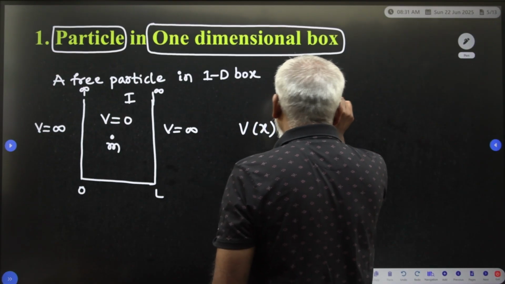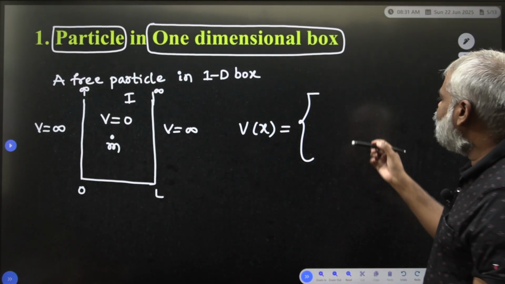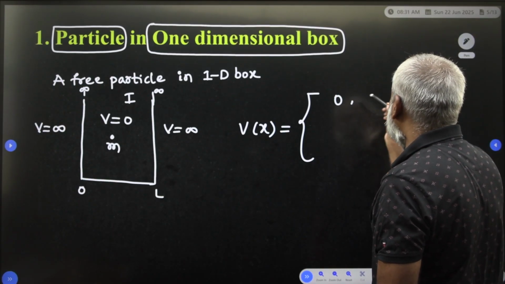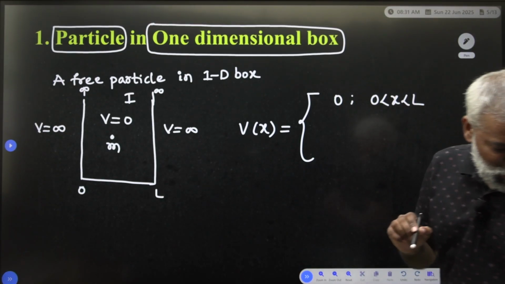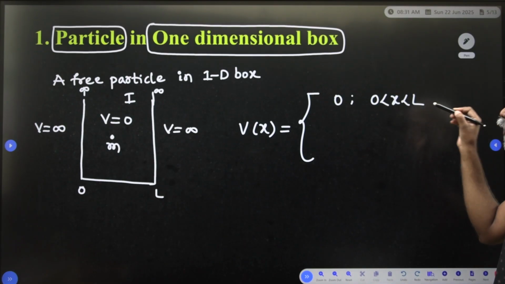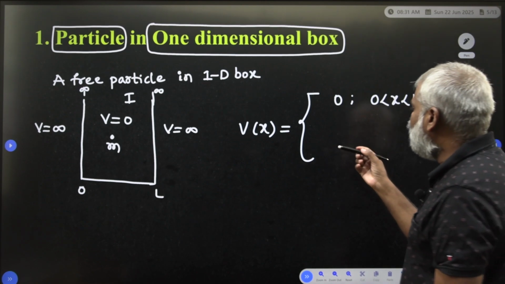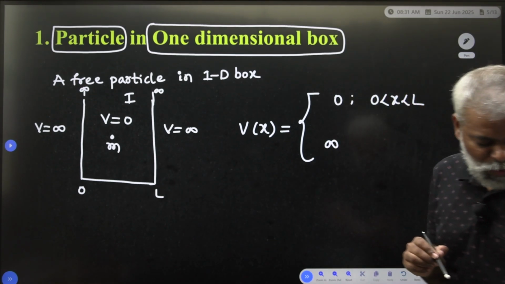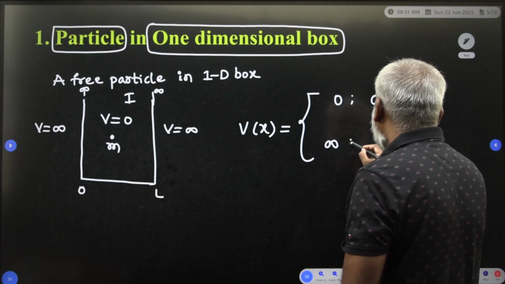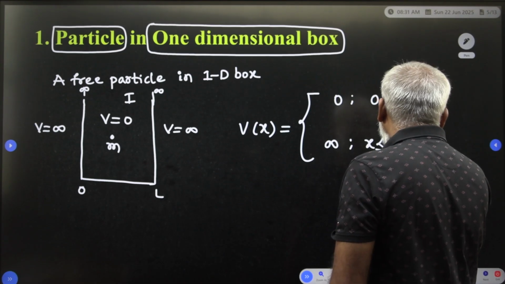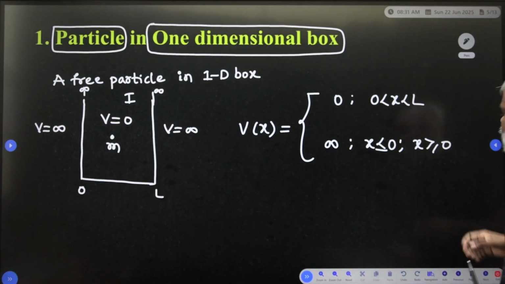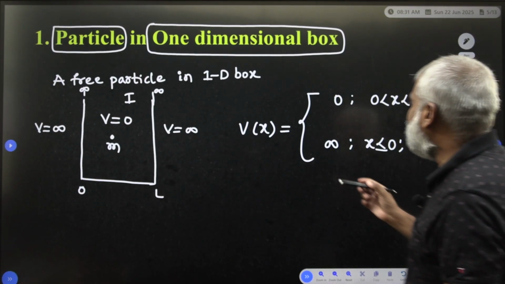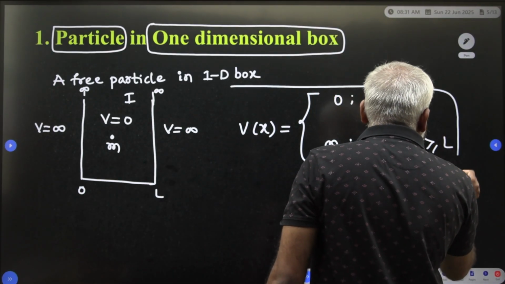V of x is equal to 0 when 0 is less than x is less than L. When it will be infinite, V of x is equal to infinite when x is less than or equal to 0, and when x is greater than or equal to L. This is very, very important. This is the potential we have to define.